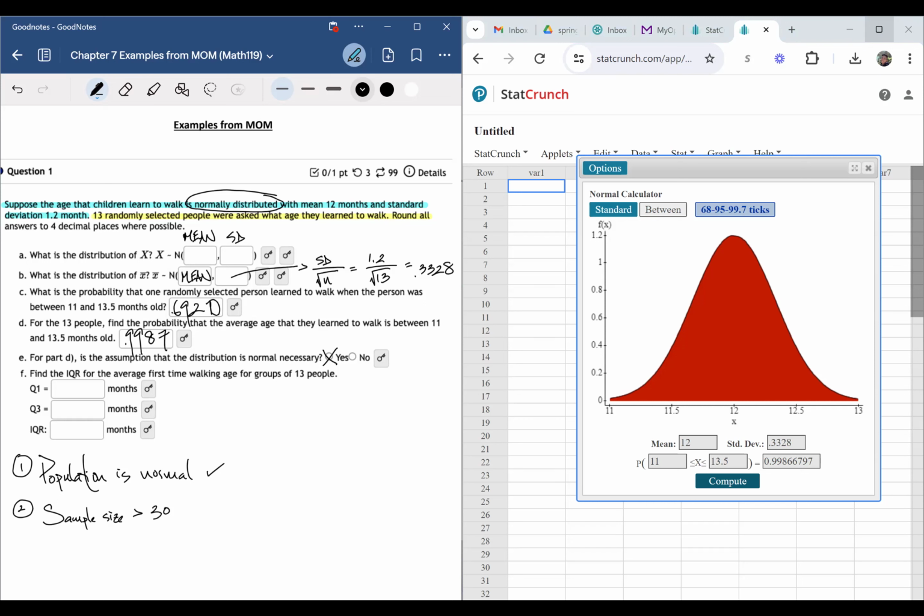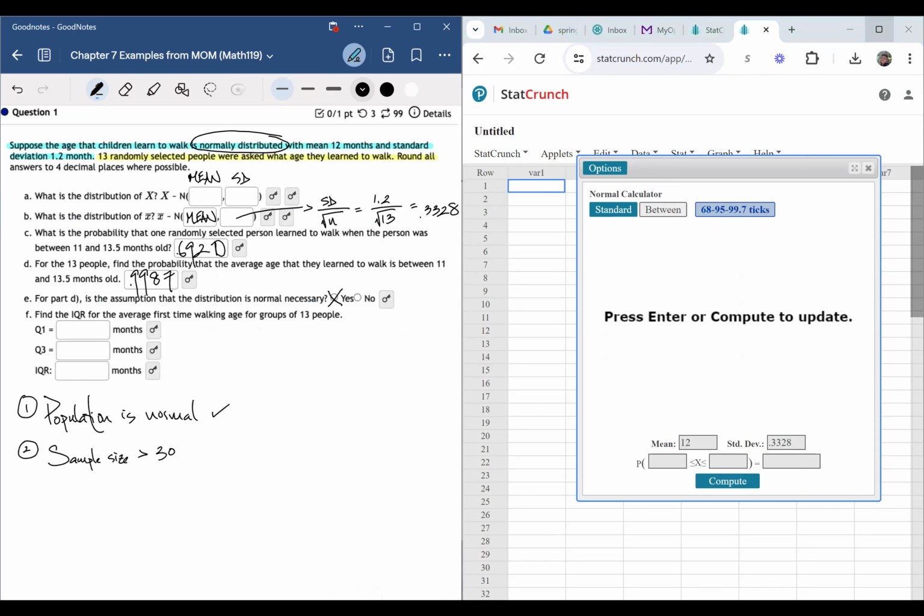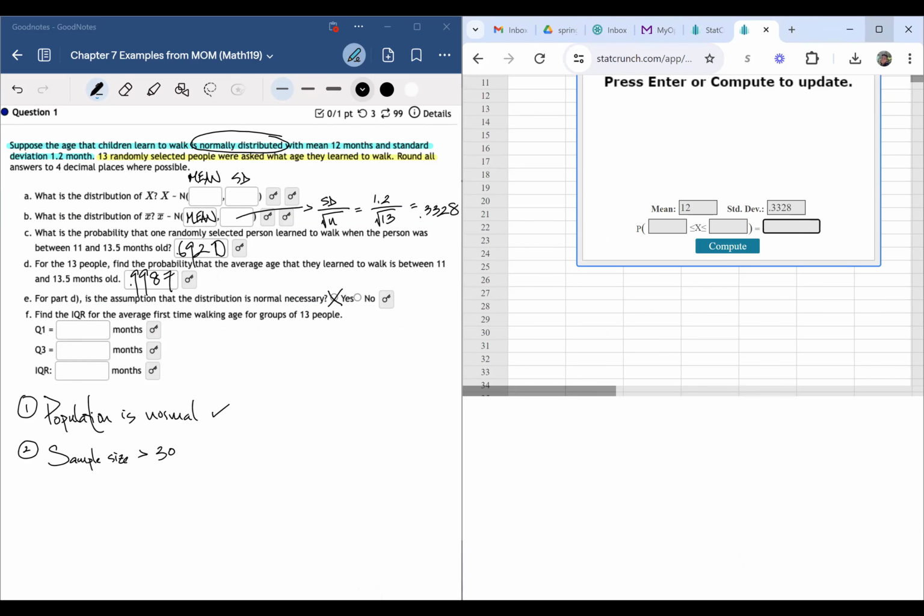Okay, so we can still use this calculator here. What we're going to do instead is use it backwards. We want to know where quartile one is. Quartile one is where the first 25% of the people are, which means that 0.25 is what we hope to get out.